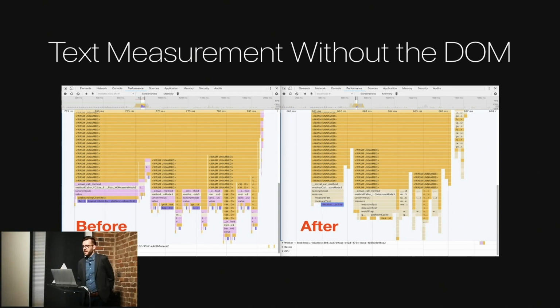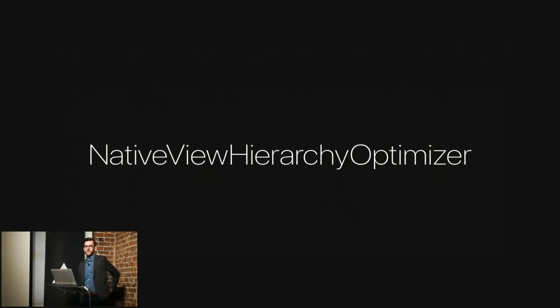The other cool thing, primarily as a result of this talk and building a demo for this talk, was writing what on Android is called the Native View Hierarchy Optimizer, in classic Java, just being a really long class name. And what that does is optimize out elements from your tree that are layout only.